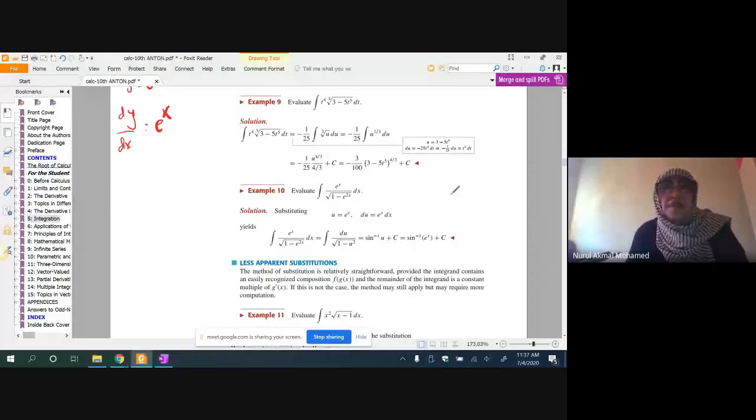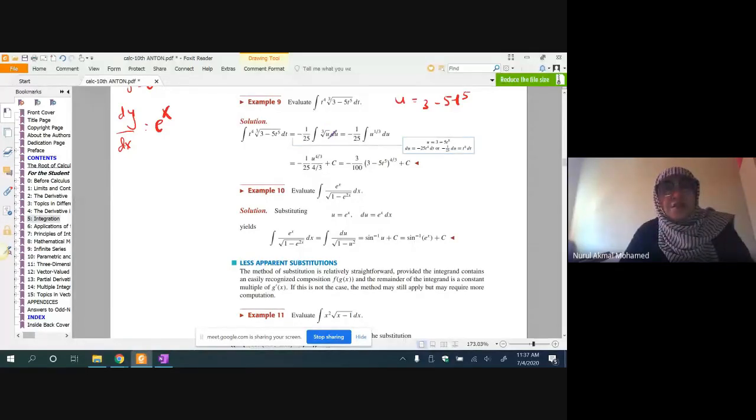So of course, the u that we are interested in here is u equal to 3 minus 5t to the power of 5. Okay, so you have cube root of u.